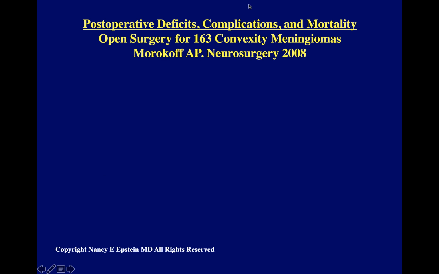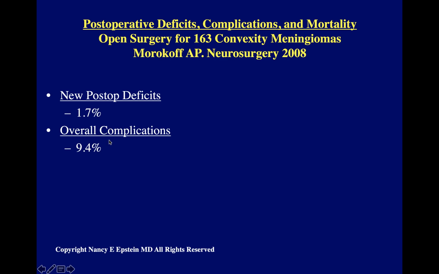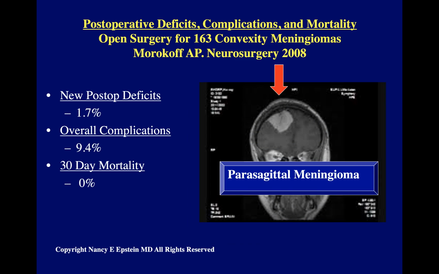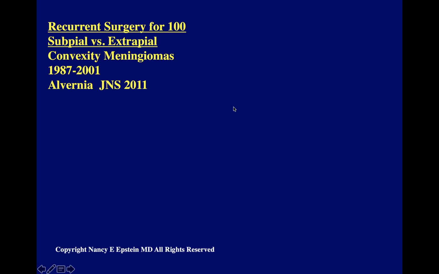Postoperative deficits, complications, and mortality rates for open surgery for 163 convexity meningiomas in the Marikoff series in 2008: new postoperative deficits in 1.7%, an overall complication rate of 9.4%, and 0% 30-day mortality. And here's another example of a parasagittal meningioma, here not extending all the way into the superior sagittal sinus.